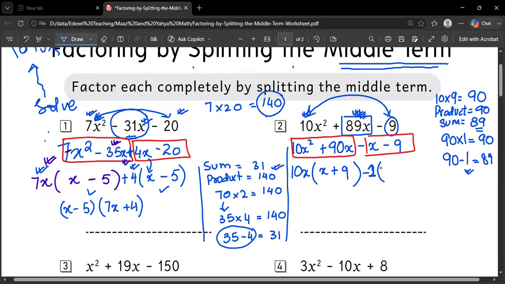So this minus x becomes positive x, and this minus 9 becomes positive 9. So this is the thumb rule: whenever you put a minus sign outside the bracket, make sure the signs are changed. If it is minus, it becomes positive. Clear?